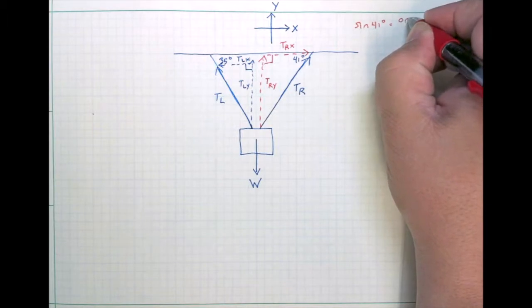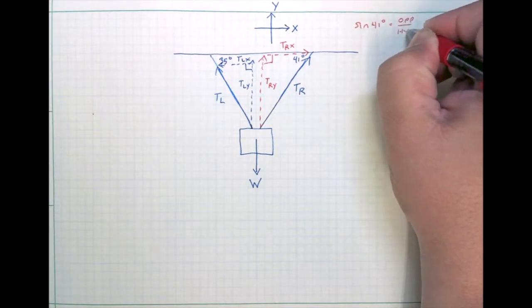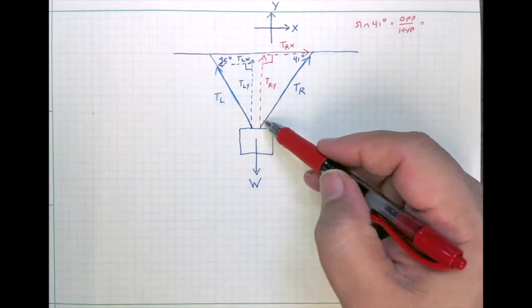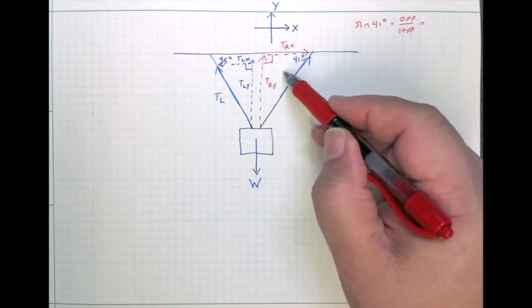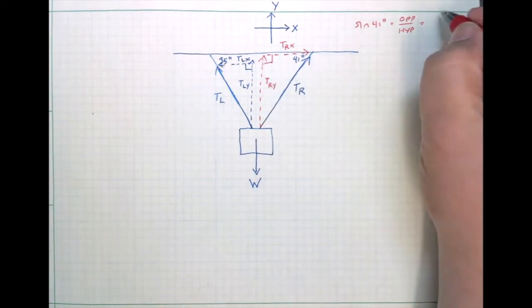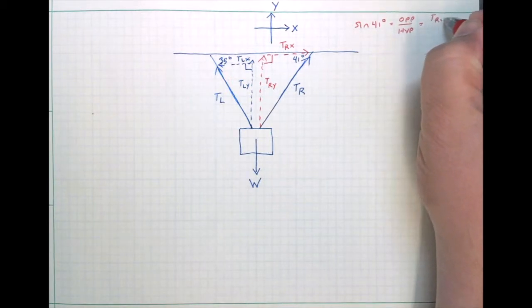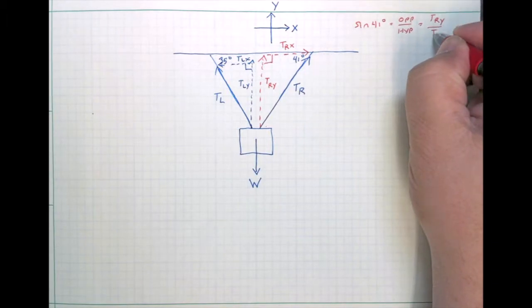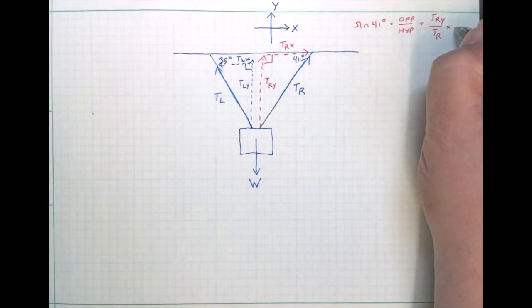The formula for the sine function is opposite over hypotenuse. And looking at our triangle here, we see that opposite the 41 degree angle is the y component, TRY, and the hypotenuse is TR itself.